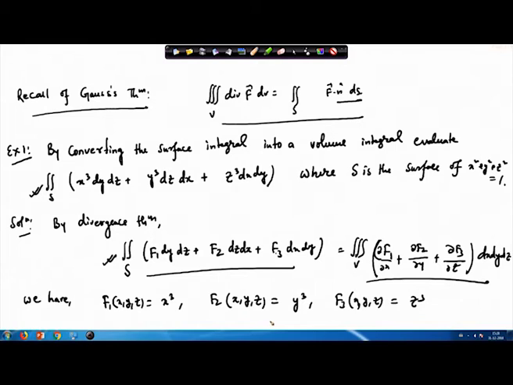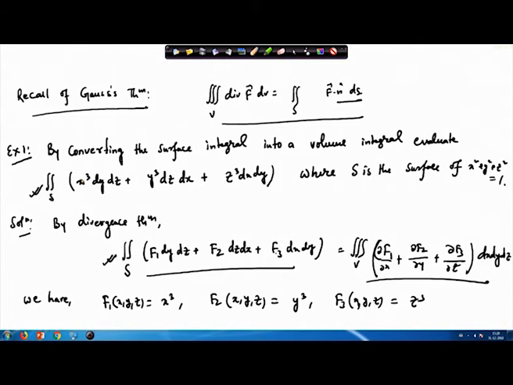Since f1 is a function of x only, f2 is a function of y only, and f3 is a function of z only, it makes our life a lot easier, because f1 could have been a product of x, y, z and their powers, which would have been more complicated. Here everything is a function of one variable only, so this is a fairly simple example.